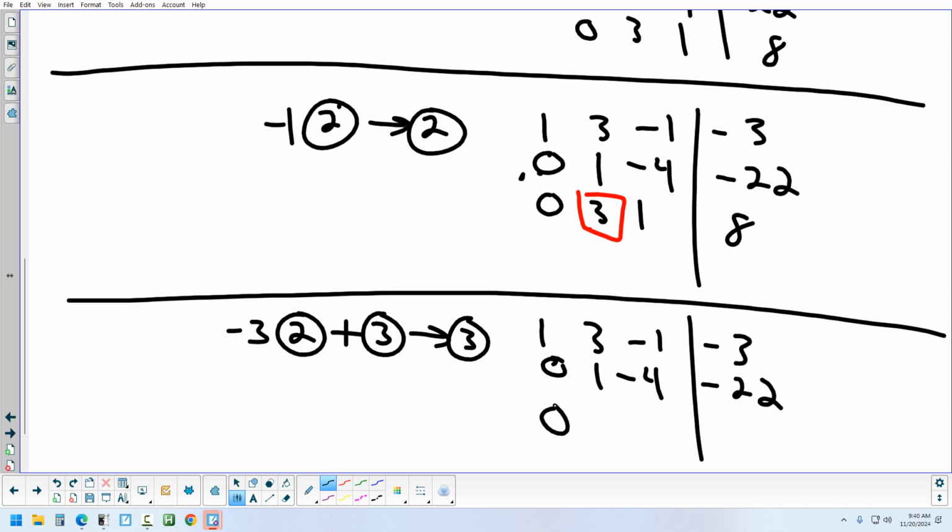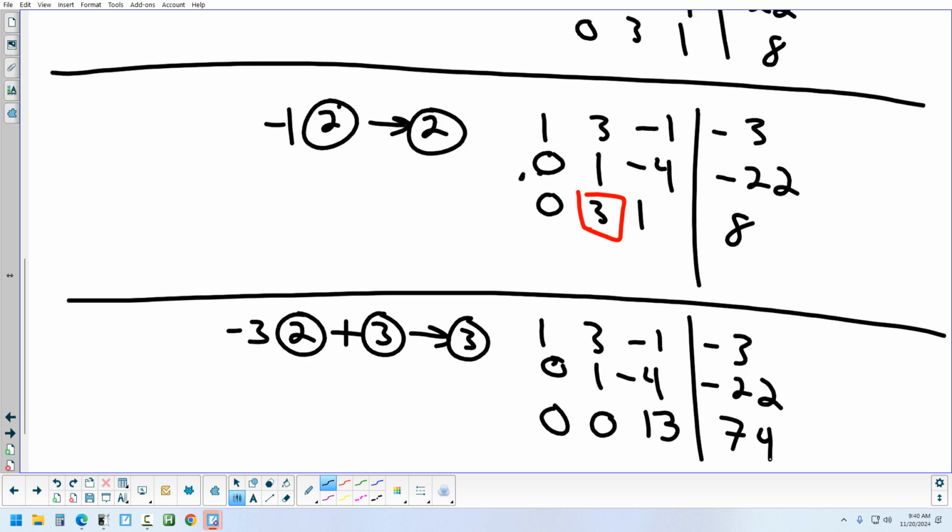Added to 3? 0. Yeah, multiply by -3 and add it to what's below. What's -4 times -3? 12. Added to what's below? 13. And what's -22 times -3? 66. Added to what's under it? What's 66 plus 8? 74.